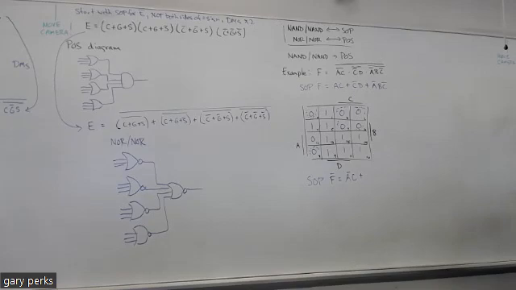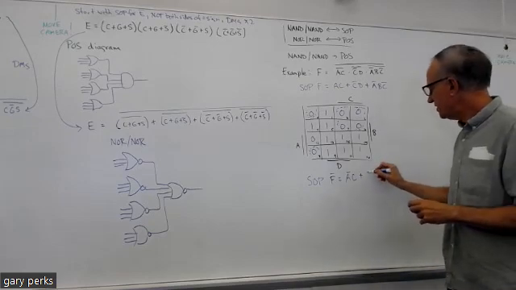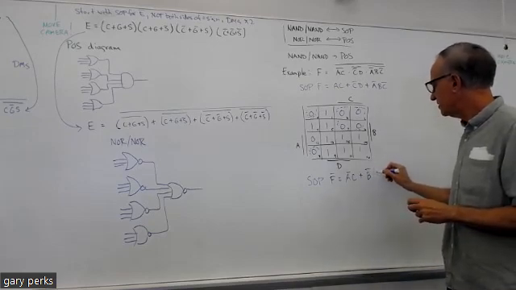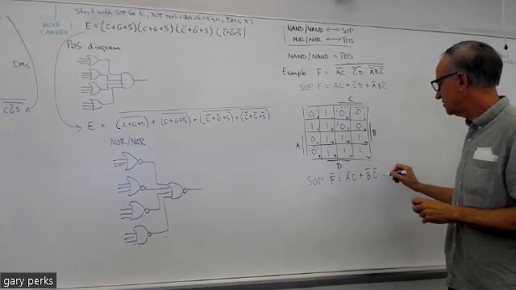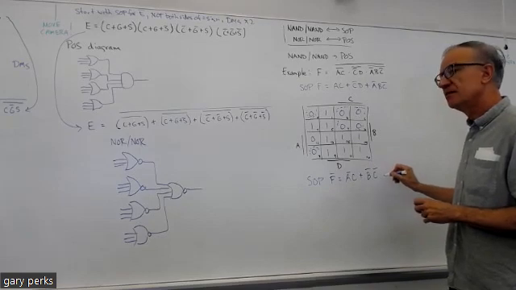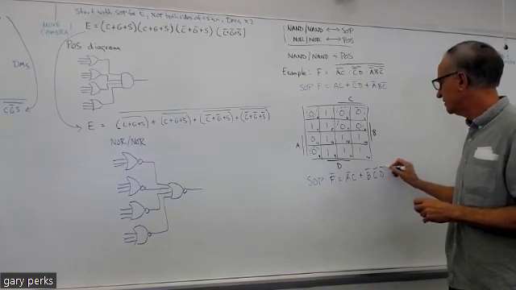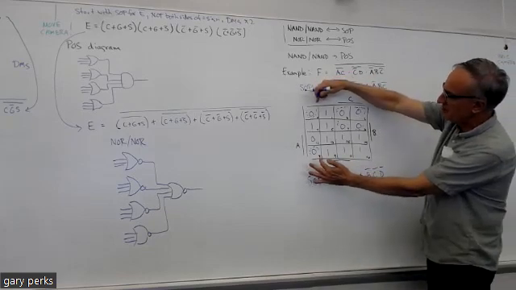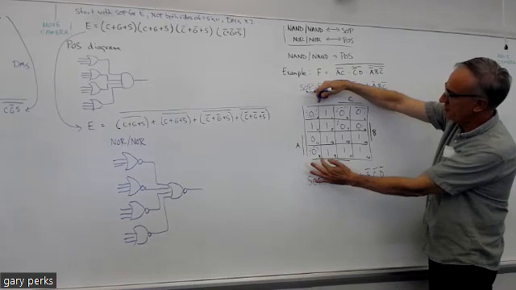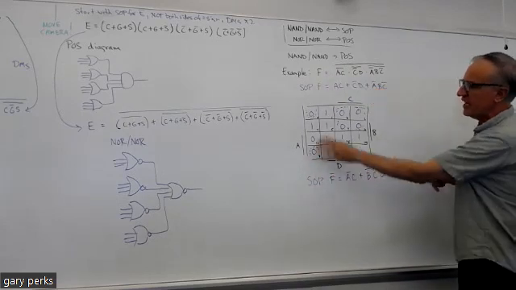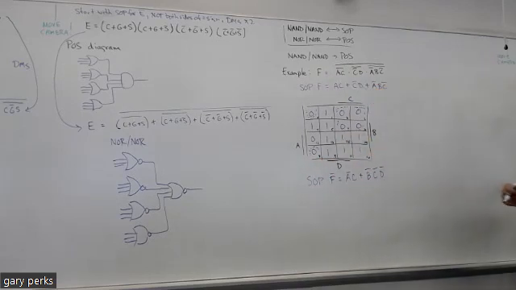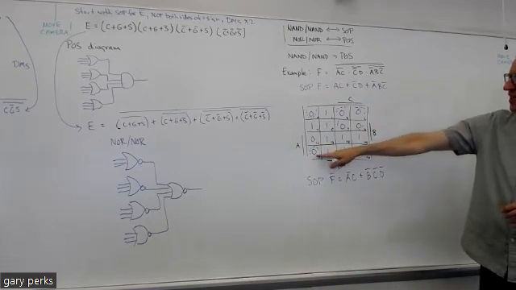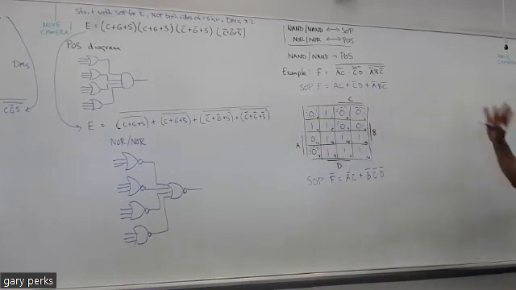Not B, not C, and not D. Does everyone agree? It's in the not C column, not B rows, and not D column. It's only A that's different, so that drops out, because this is in the A row and that's in the not A row.